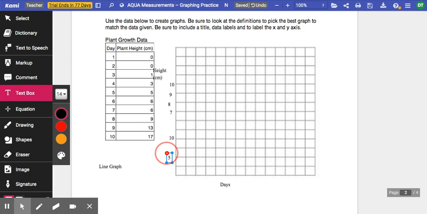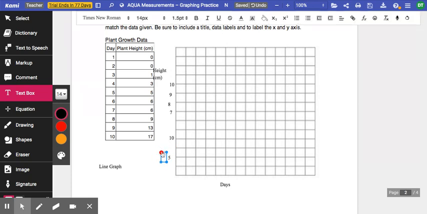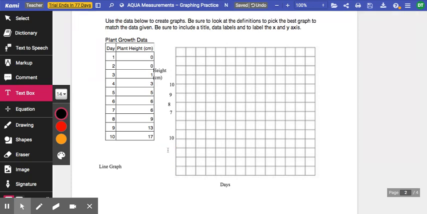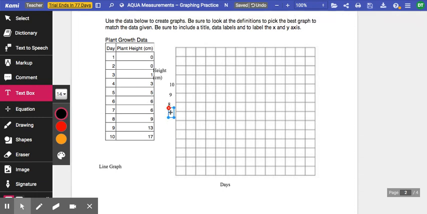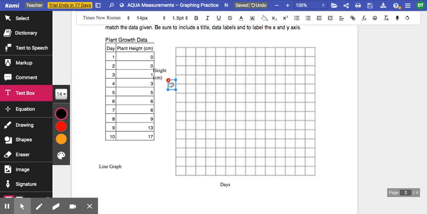So this just really depends on what you are doing. So I'm going to delete these and then start over. So what our scale is going up the side depends on how much we need to get.